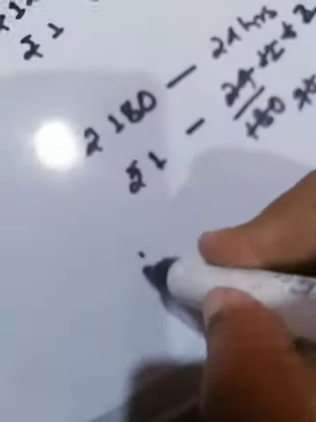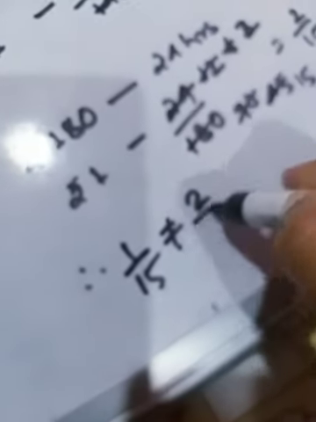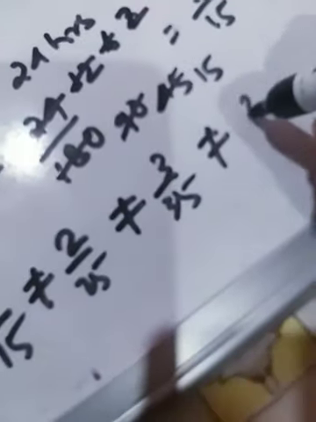Do you really see that any of the ratios are similar to each other? No. So we can write that 1 by 15 is not equal to 2 by 25, not equal to 3 by 35, not equal to 2 by 15. Am I writing right?